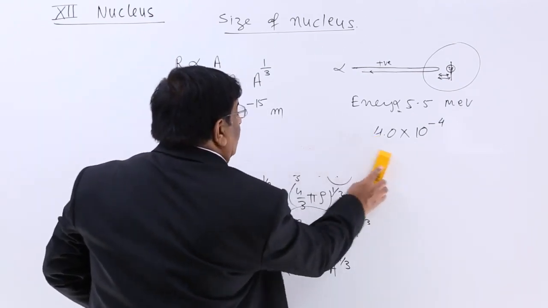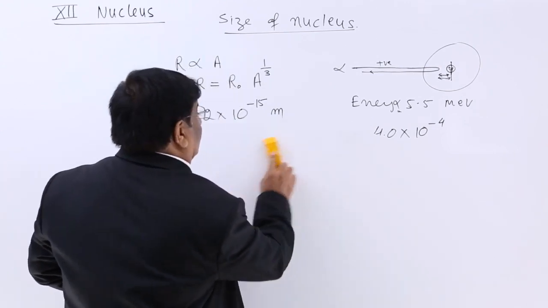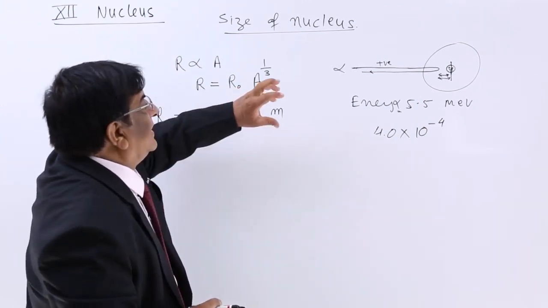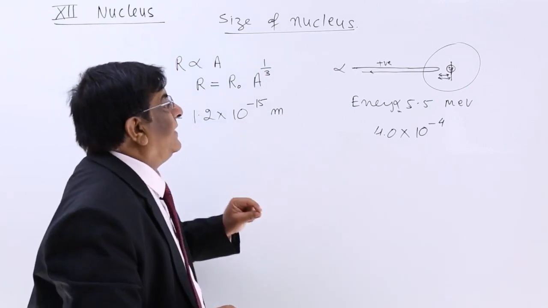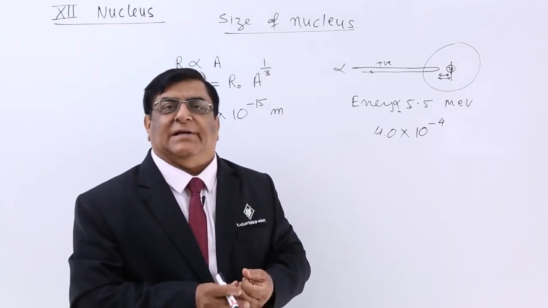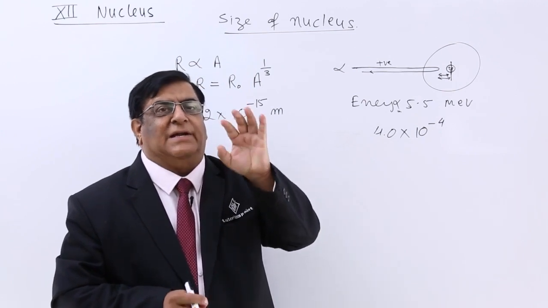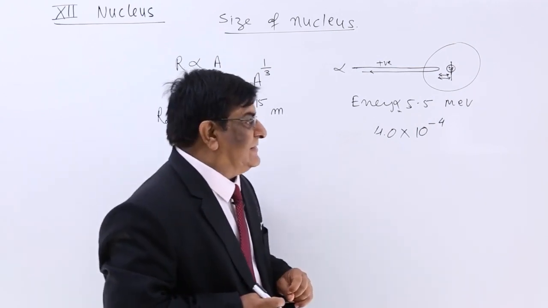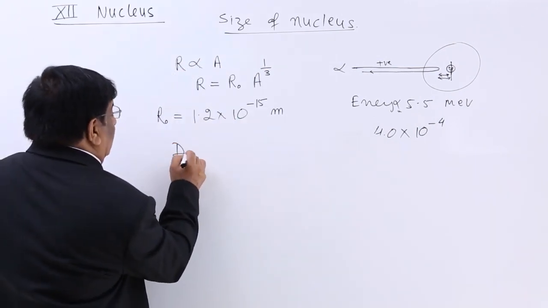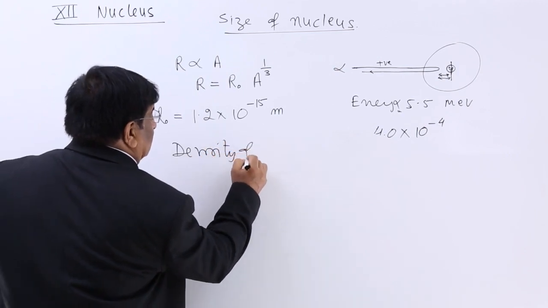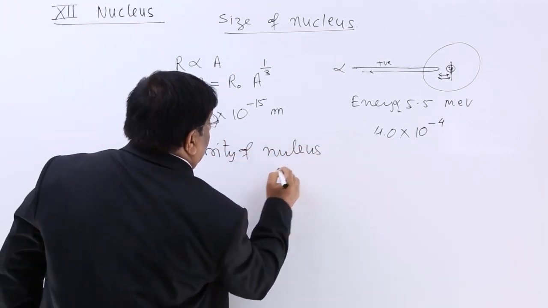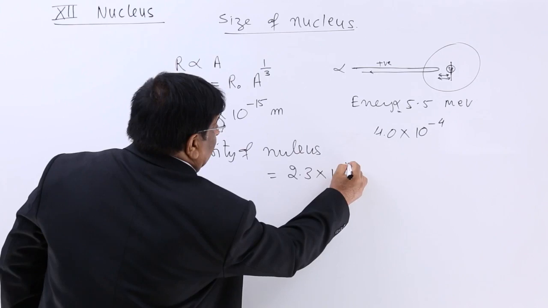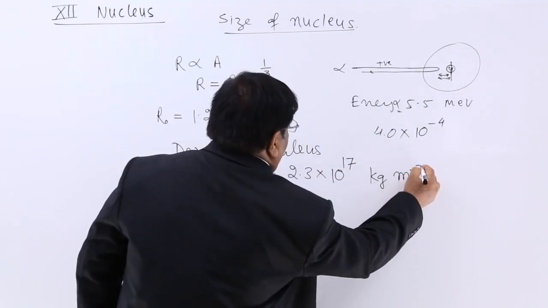Now, the more important thing is the density of the nucleus. Here we see the size of the nucleus is very, very small. Now if we want to find out density, one thing about the density is that within the nucleus, density at every point is the same. And now if we take mass divided by volume, we find that the density of the nucleus is very high. Density of the nucleus is 2.3 into 10 to the power 17 kg per meter cube.